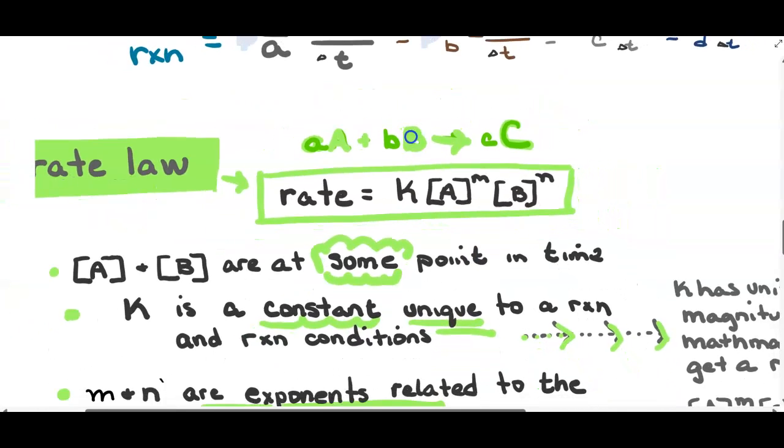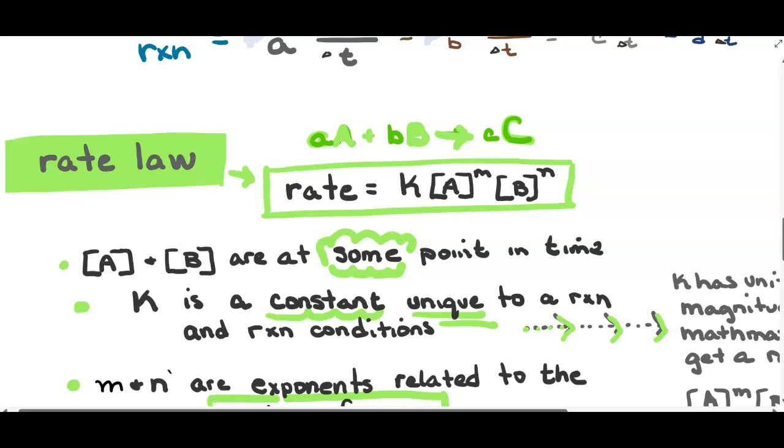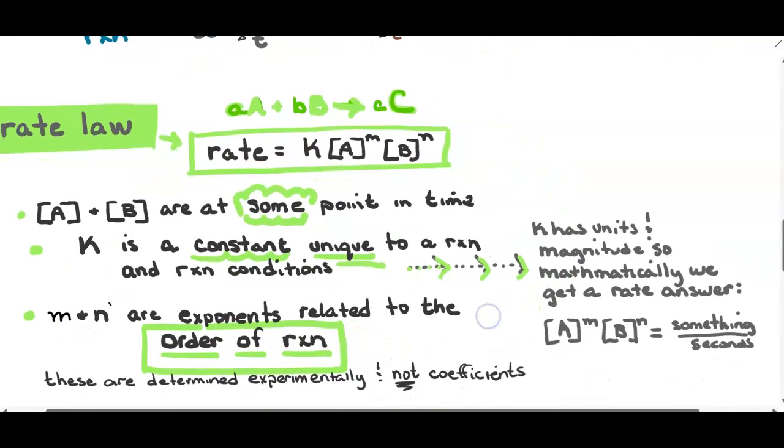So A and B represent the concentrations at some point in time, and the k is a constant that's unique to that particular reaction, that particular temperature, and so we have units for k that could vary depending on what the exponent value is for m and n.